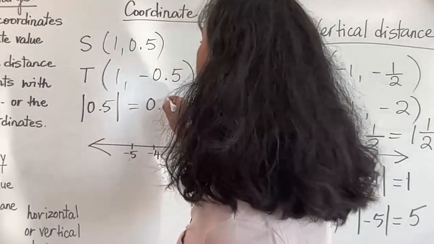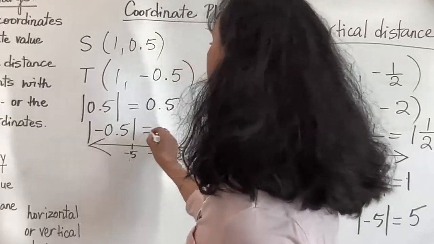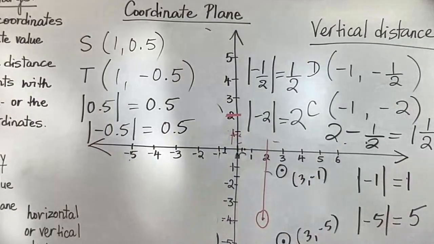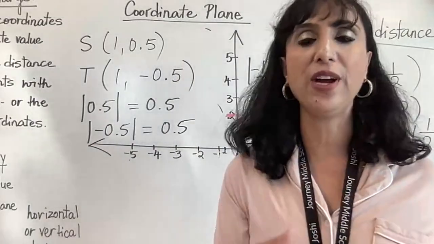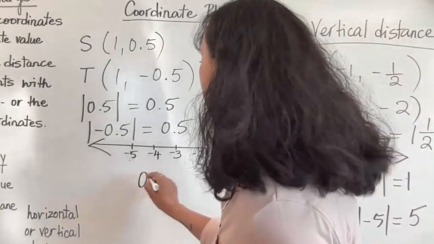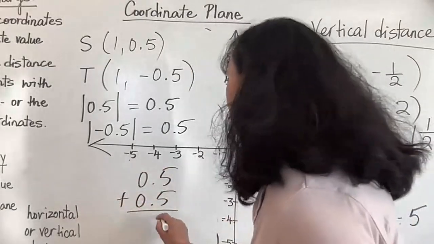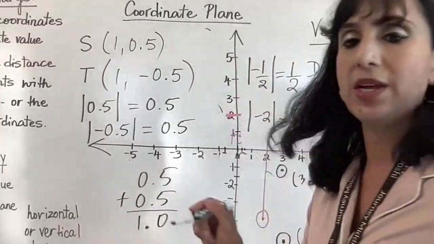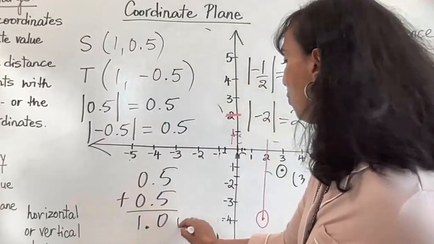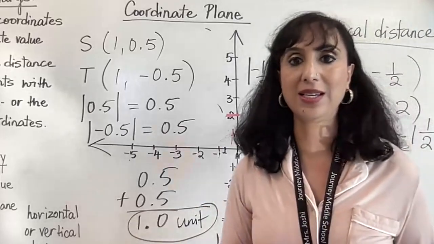It is 5/10. What is the absolute value of negative 5/10? It is also 5/10. Because they are in different quadrants, I add them up. 5/10 and 5/10 gives me 1. So S and T are 1 unit apart, and that is the distance between them.